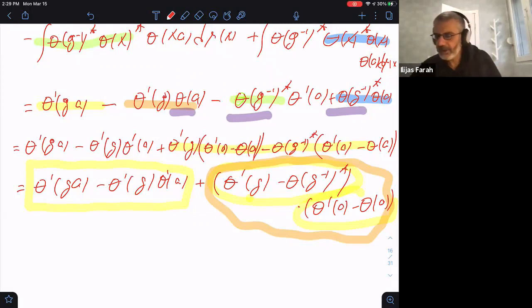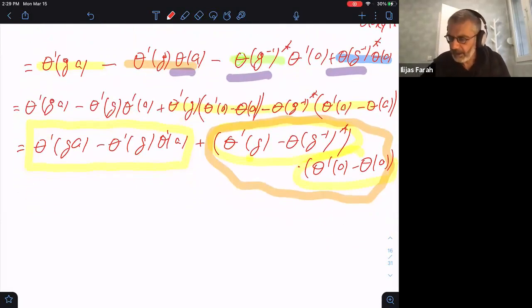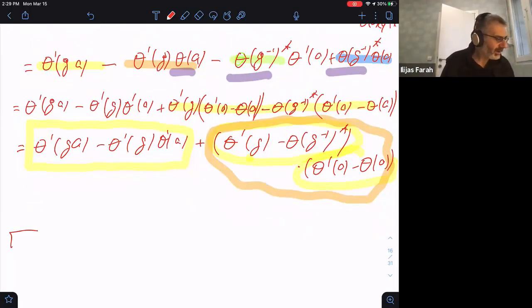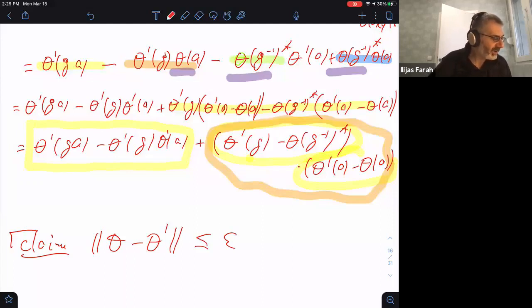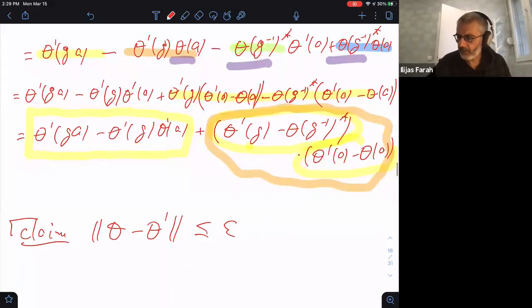Here is what I should have said before I started these computations. Here's the claim that the norm of theta minus theta prime is at most epsilon. This is obviously important, and the reason for that is it's basically immediate from the formula.